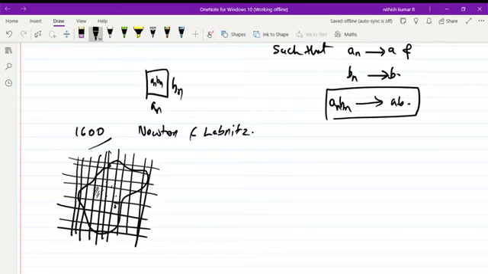Now mark all the squares which are fully inside the region.